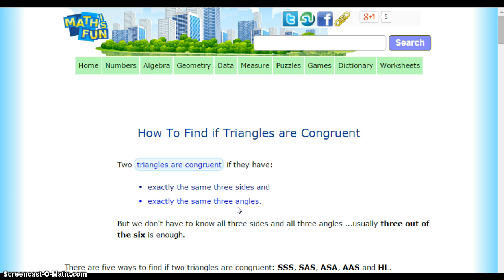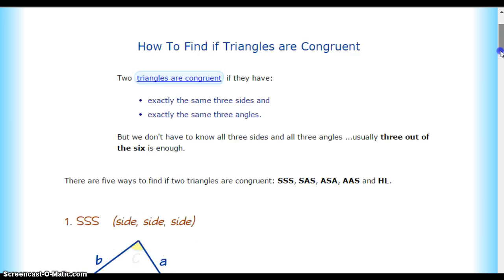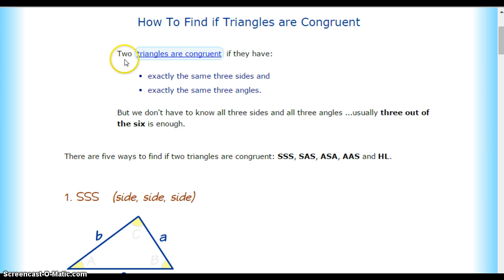Okay, so how to find if triangles are congruent. So let's read a little bit. It's got some really awesome information, really important information. So let's have a read first. Okay. So it says 2 triangles are congruent if they have exactly the same 3 sides and exactly the same 3 angles. What do you guys think?